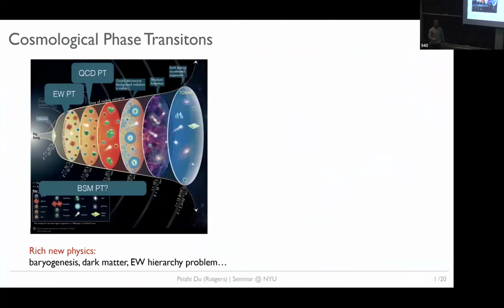Okay, so the main topic today is cosmological phase transitions. First, why do we care about cosmological phase transitions? The first reason is they exist in cosmology. Here I show a diagram of the typical thermal history of our universe all the way from the Big Bang to today. Throughout this time evolution, there are different temperature scales and different kinds of phase transitions.